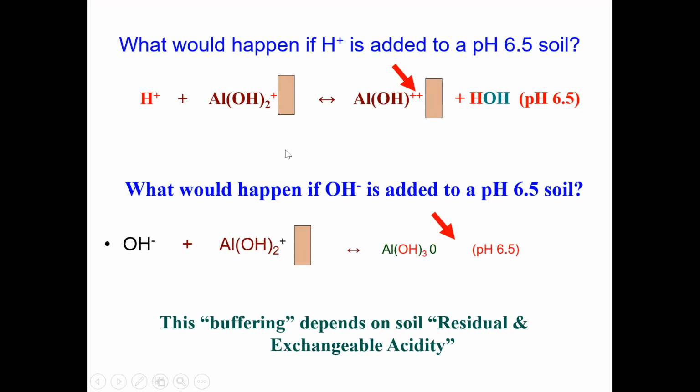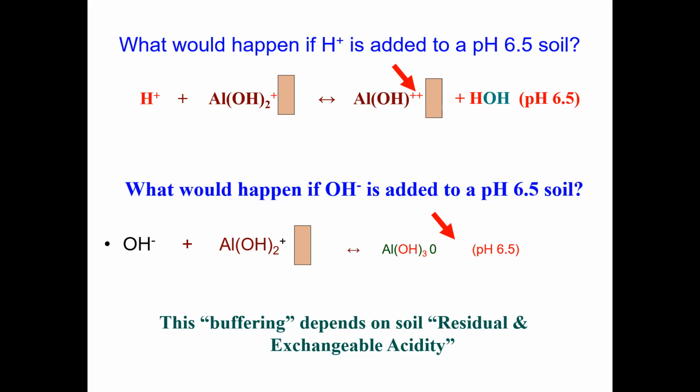And if we add OH-, we resist a change in pH by sacrificing a positive charge site, right? So does that make sense? That's in a simplest sense what we mean by soil buffering capacity. And that's why if we have more exchange sites, we have a bigger ability to resist a change in pH by exchanging negative charge sites or positive charge sites.